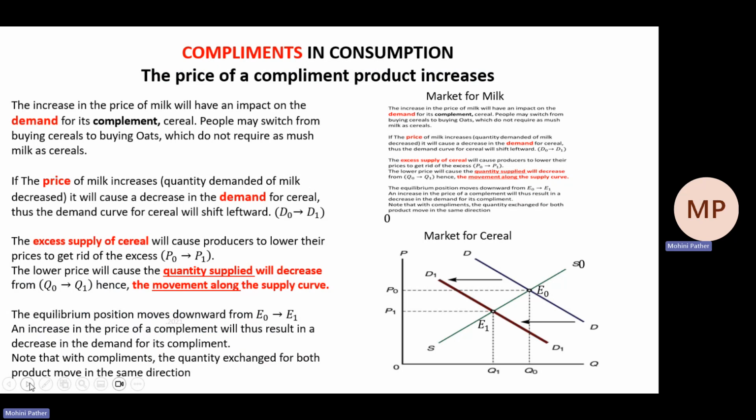They work together. So if the demand for one has shifted to the left or decreased, then the demand for the complement product will move in exactly the same direction. Any increase in the price of milk will cause a decrease in the demand for cereal. But the reason for the demand decreasing for cereal has got nothing to do with its price.